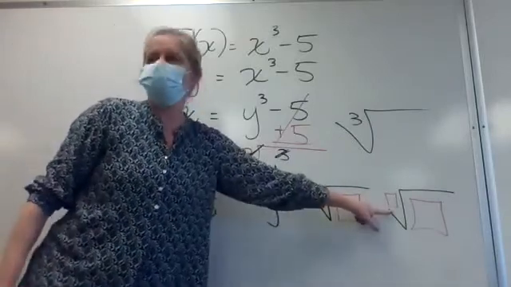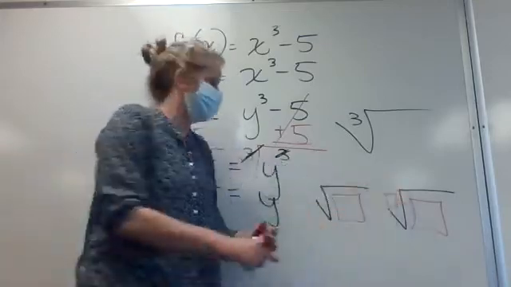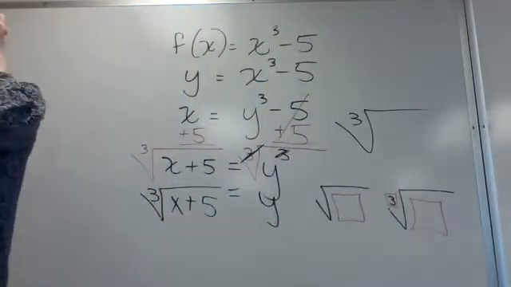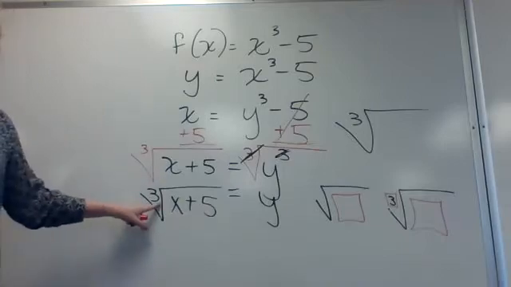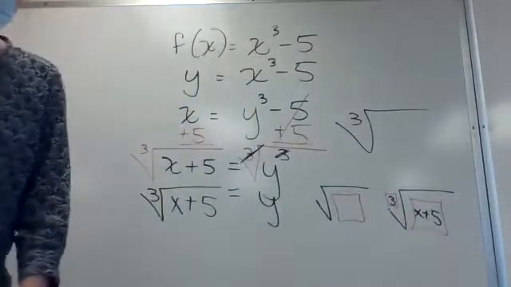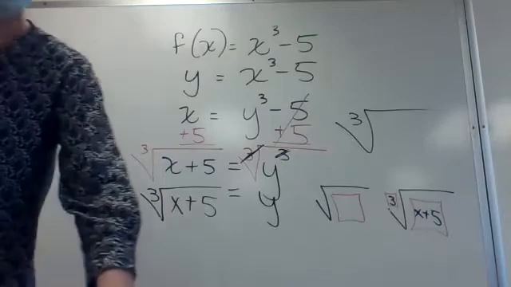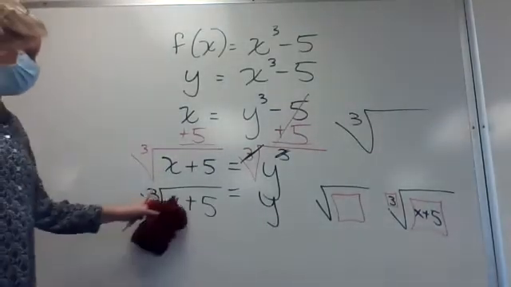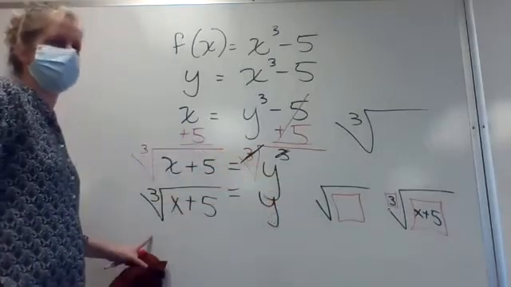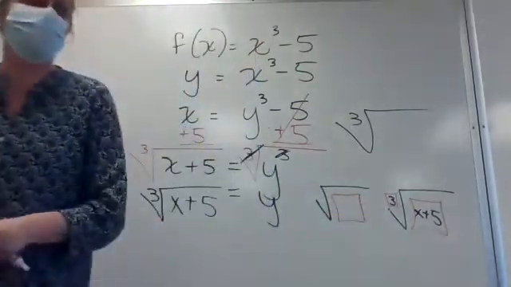This works with every other kind of root. If there's a number in here at all, you're going to use that so that you'll be able to type in your little 3 right there. It doesn't go out next to it. It goes in the little house. Then you can put your x plus 5. That's just explaining what tool you use in your toolbox to type in your answer, so that you want that little box right there to be able to type in the cube root.